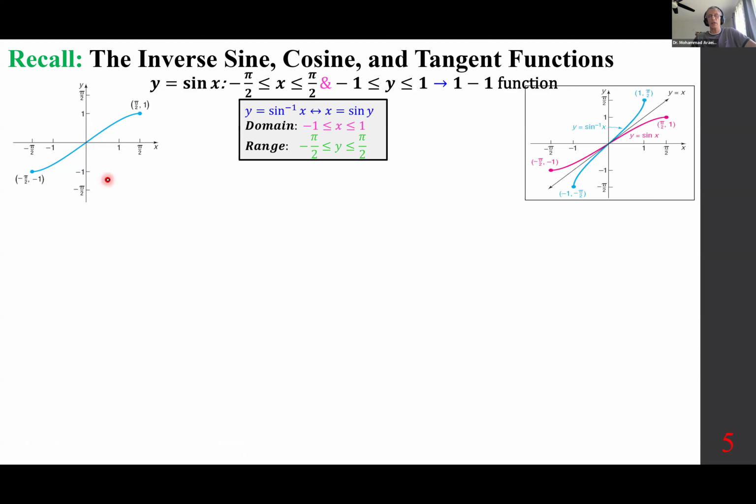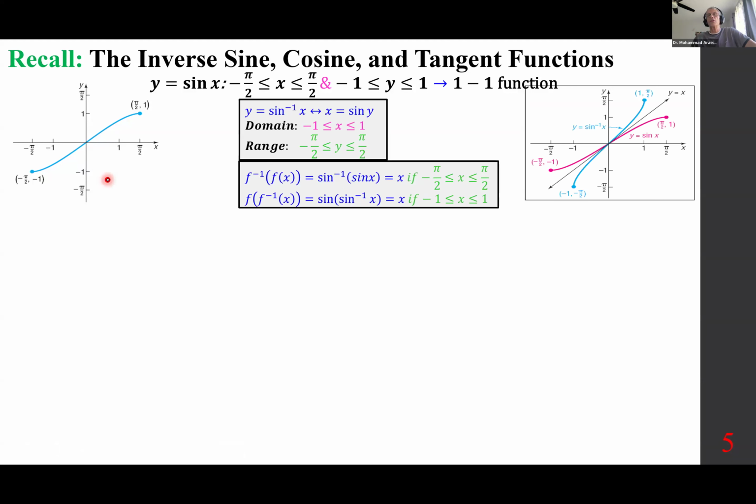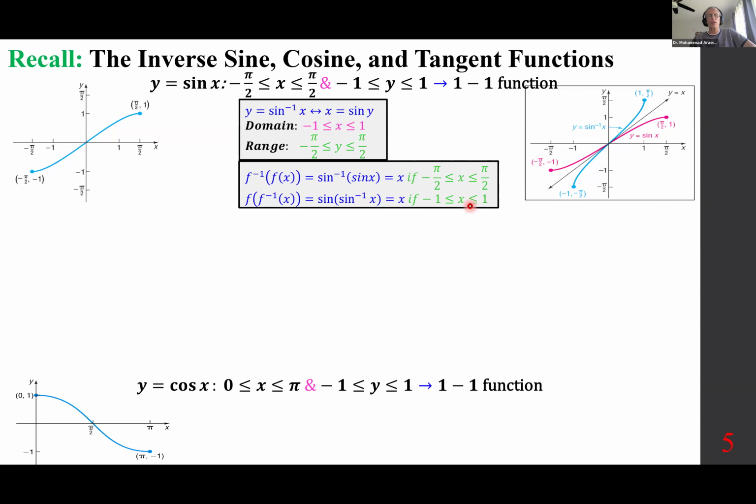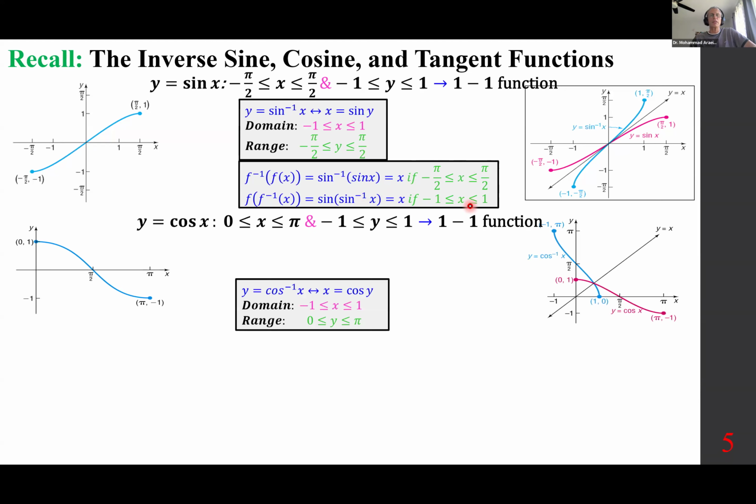And recall that composite function f of f inverse is always equal to x as long as we have the proper domain. In this case, the domain would be the domain for x. So x must be between negative pi over 2 and pi over 2. In this case, the domain must belong to sine inverse. So x must be between negative 1 and 1. The same thing happens with cosine in essence.